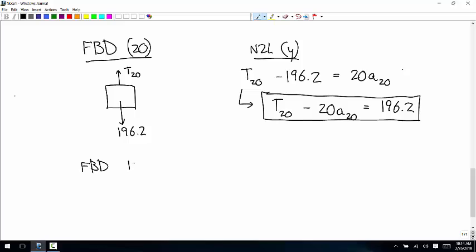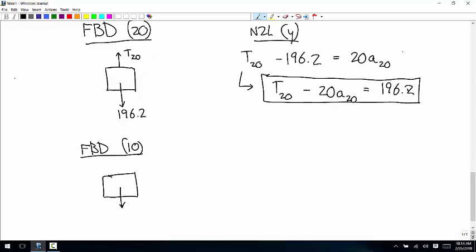And then a free body diagram of the 10 kilogram. There's the weight of 98.1. Cable force that doesn't have to be the same as that other cable force anymore, so I'll call that T10.